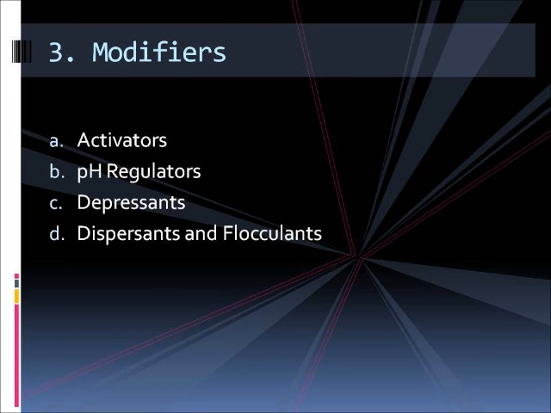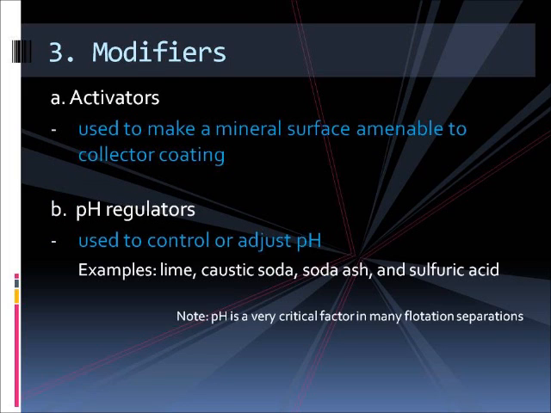The third flotation reagent is the modifiers. It can be classified as activators, pH regulators, depressants, and dispersants and flocculants. The activators are used to make a mineral surface amenable to collector coating.